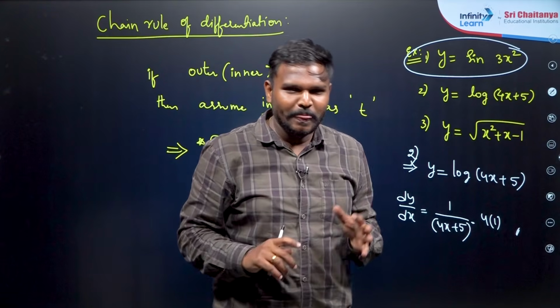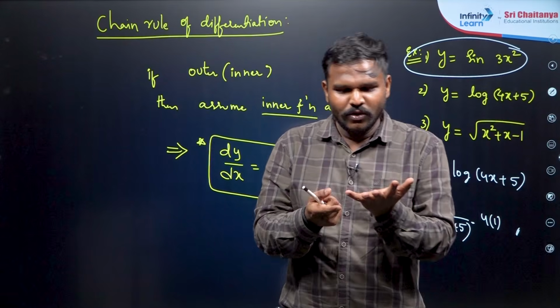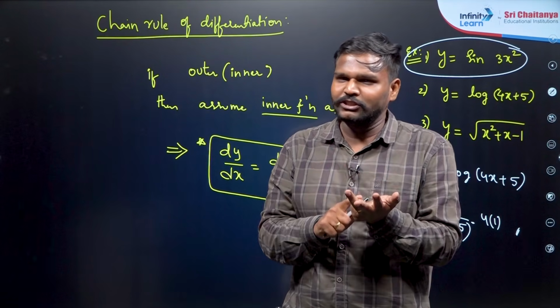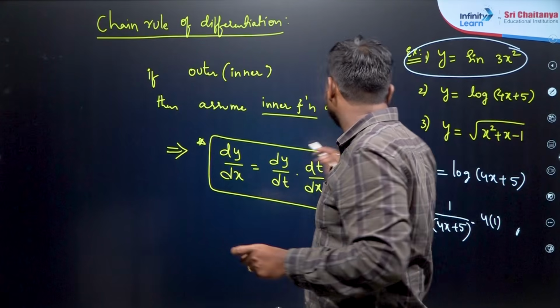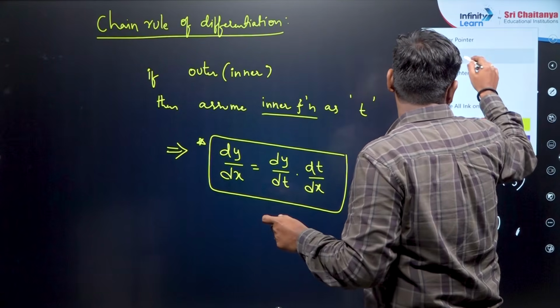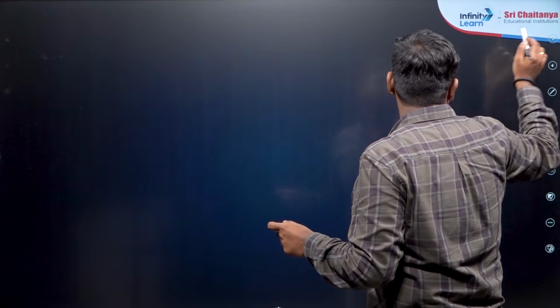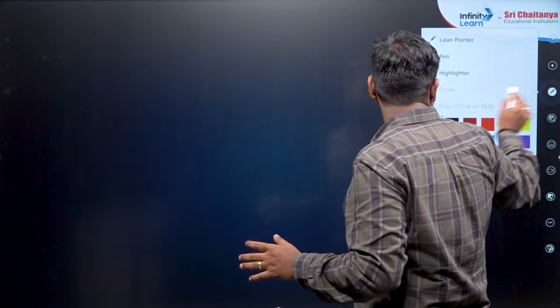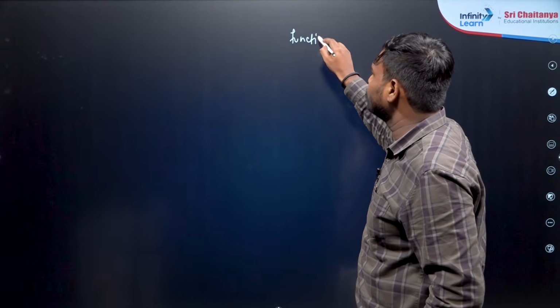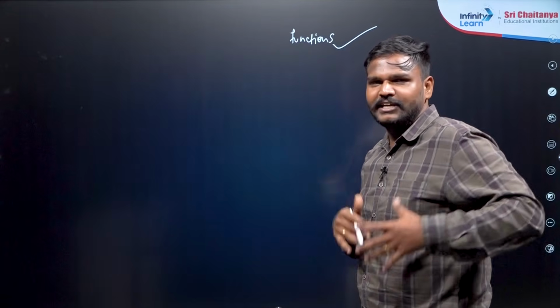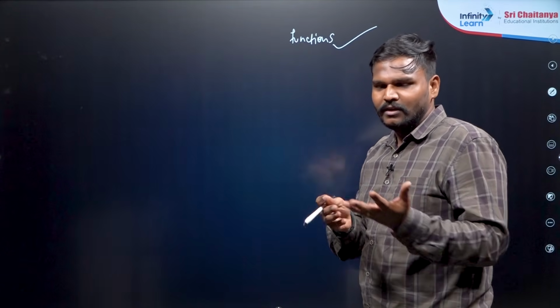Is that clear? So we have discussed now what you mean by functions. Function is y is equal to f of x, LHS variable is dependent. We have learnt about functions. Any relation between variables is called a function.